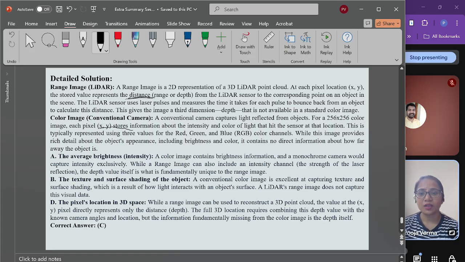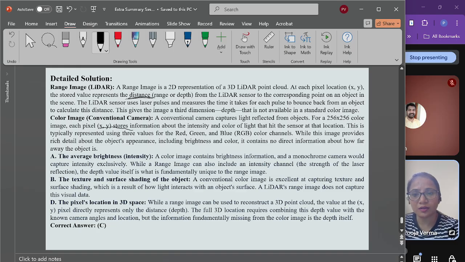Okay, so the other options. The average brightness, that is intensity: a color image contains brightness information, and a monochrome camera captures intensity exclusively, while the range image can also include the intensity channel, the strength of the laser reflection, and the depth value itself, which is fundamentally unique to the range image.